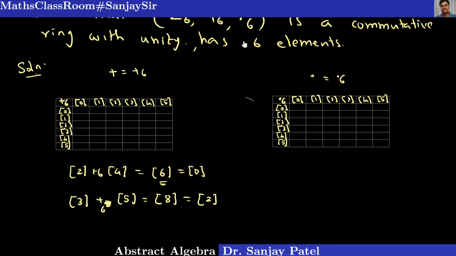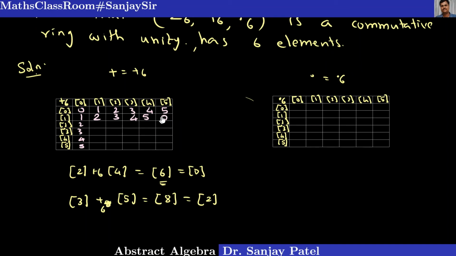what you will get is this. I will not write the bracket here just for convenience. 0 plus 0 is 0, 0 plus 1 is 1, 0 plus 2 is 2, 3, 4, 5. Same way 1, 2, 3, 4 and 5. Then 1 plus 1, 2, 1 plus 2, 3, 1 plus 3, 4, 1 plus 4, 5, and 1 plus 5, 6, but 6 is 0.